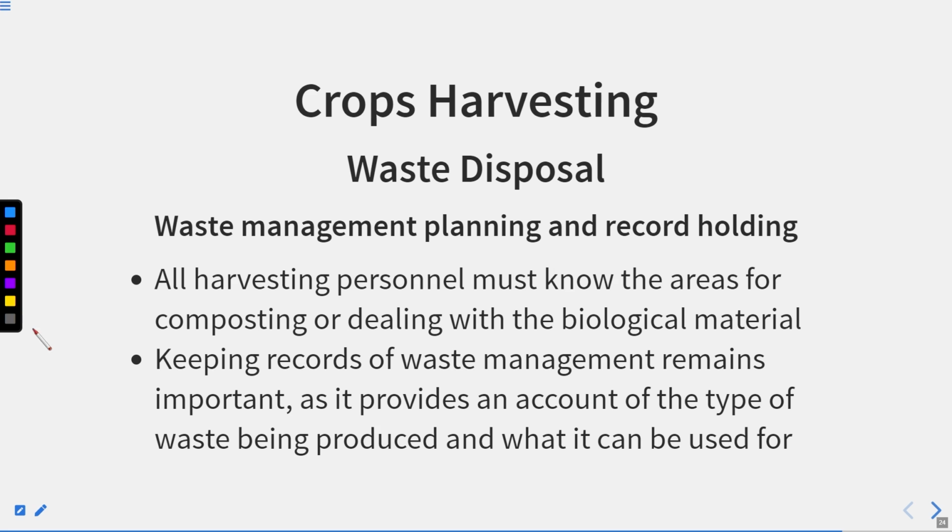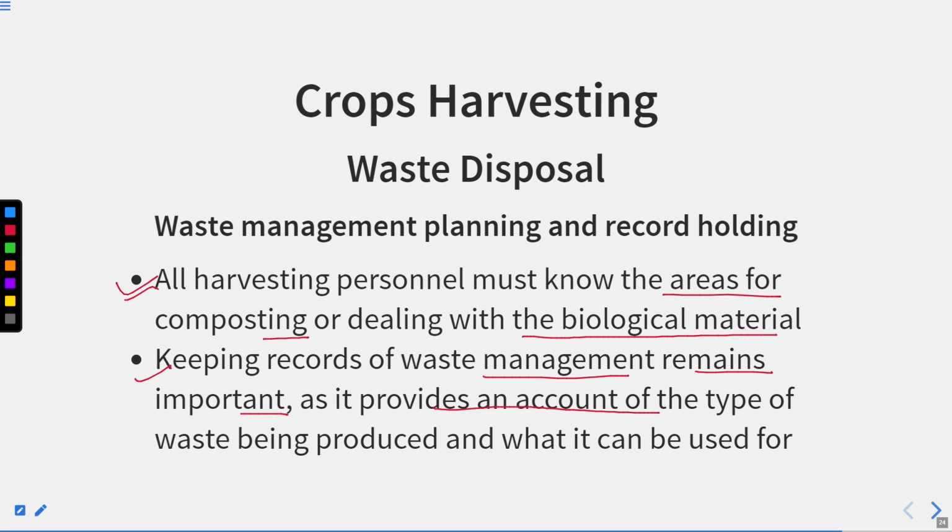All harvesting personnel must know the areas for composting or dealing with the biological material. Keeping records of waste management remains important, as it provides an account of the type of waste being produced and what it can be used for.